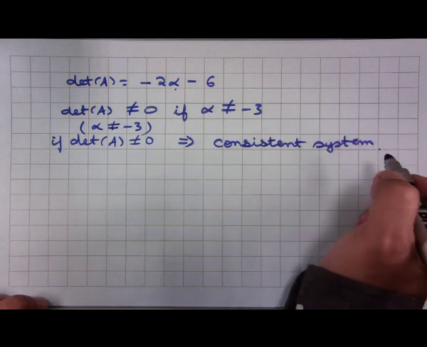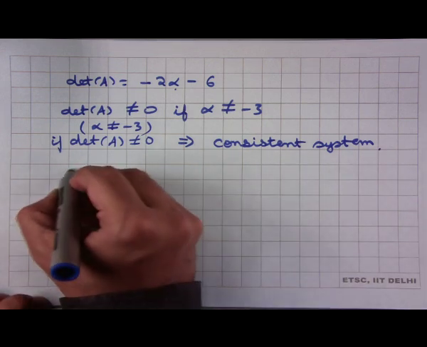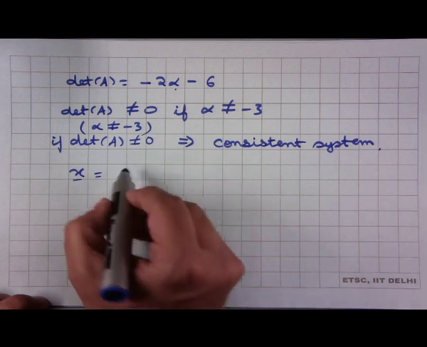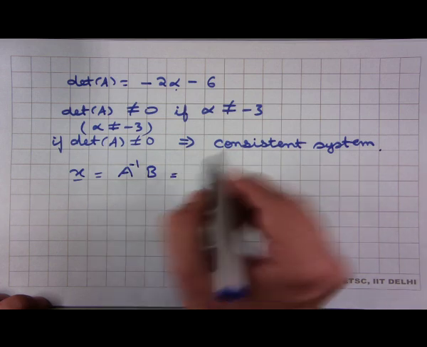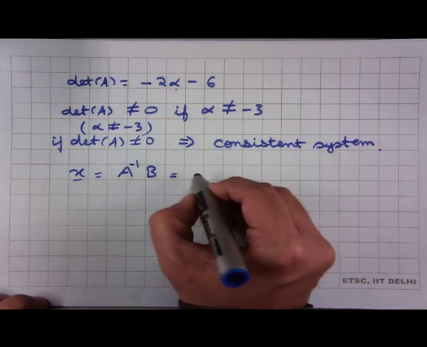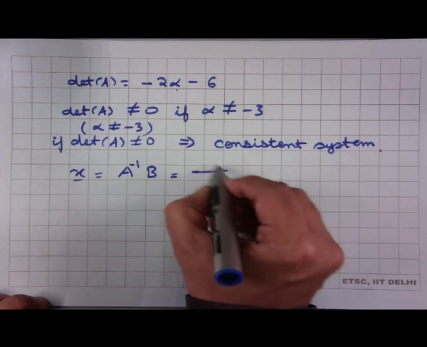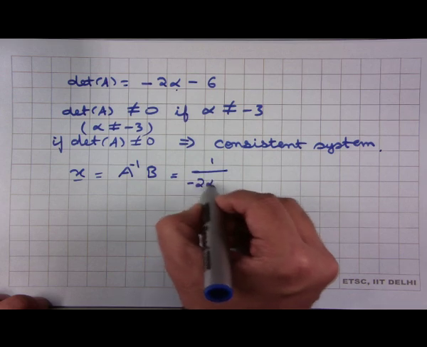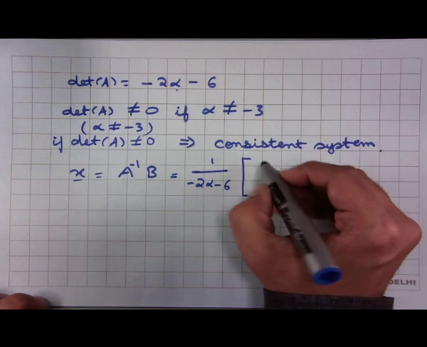But does it have one solution or not for all values of lambda and mu? How do we check that? Well, let us just check it by constructing the inverse. So, the inverse is going to be 1 by minus 2 alpha minus 6, and then replacing the matrix by the adjoint.